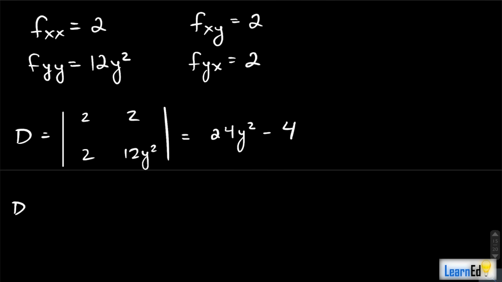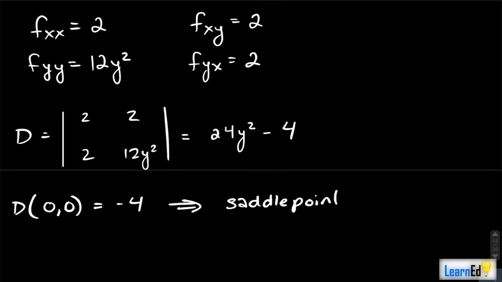So now we have to analyze D at each of our extrema. First, we're going to analyze it at 0, 0. At 0, 0, this is just going to be -4, which means that extrema is going to be a saddle point. D at 1 over root 2, square root of 1/2, and negative square root of 1/2, same thing.